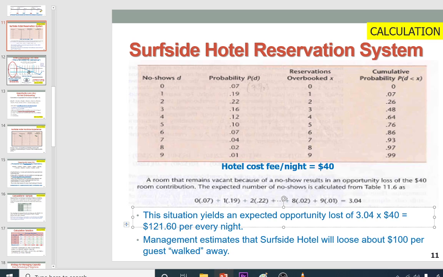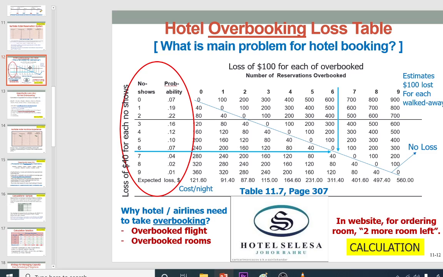Okay, next, if we take a look at that matrix and expand it into the overall overbooking possible loss table, you can see no-show from 0 to 9, and also overbooking from 0 to 9. As I told you earlier, the estimated loss of one customer walkaway is $100.